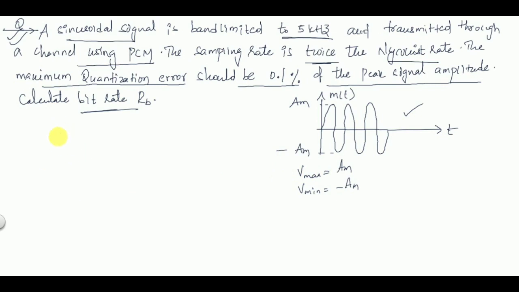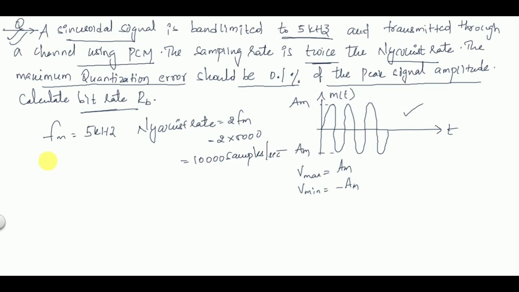Then he has given that the sinusoidal signal is band limited to 5 kHz, that is, FM is equal to 5 kHz. Once you have FM, we can find the Nyquist rate. Nyquist rate is equal to 2 FM, so it is 2 into 5000, that is 10,000 samples per second.